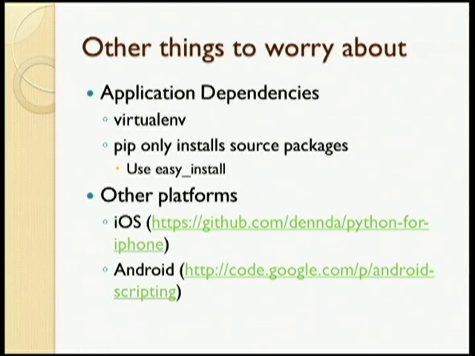So once you actually have your software cross-compiled for Python, you're going to be heading over into doing some stuff on the target. And you may be interested in using virtualenv to separate out dependencies in case you're running multiple things that have conflicting dependencies. And you may be tempted to use pip to have all of your requirements.